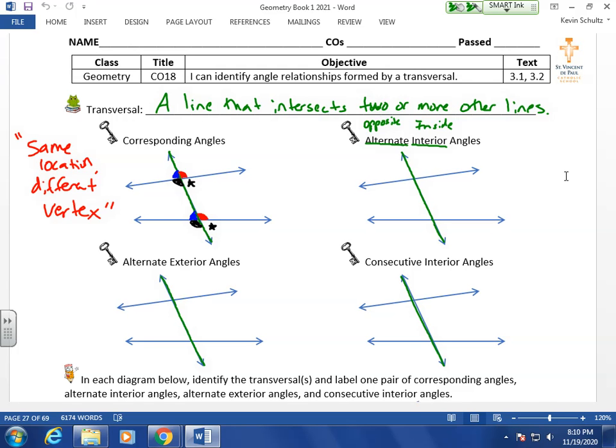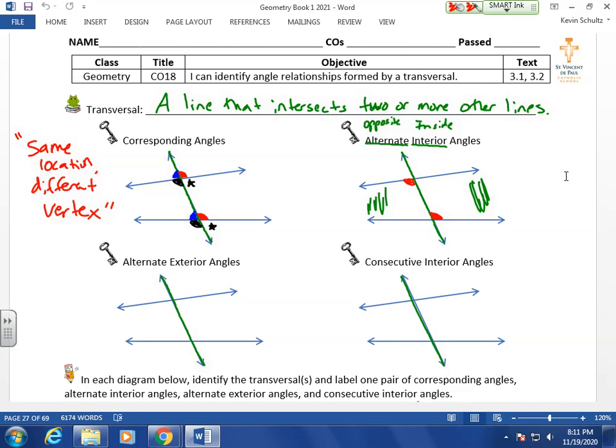So the inside of our two horizontal lines is this area in between them, okay. On alternate sides of our transversal, this angle and this angle would be one pair of alternate interior angles. They're on opposite sides of that transversal, that's in green there, right? And they're both in between, on the interior of the lines that are being intersected.